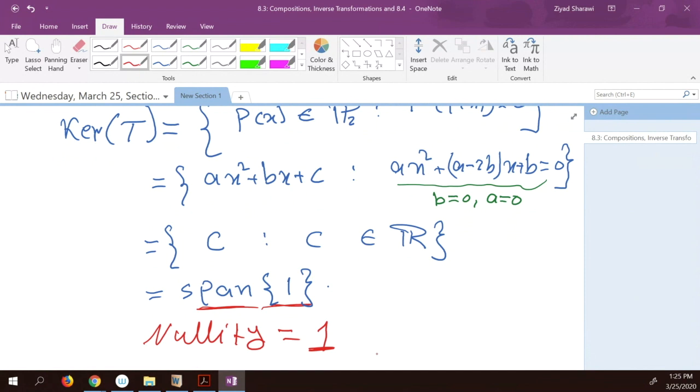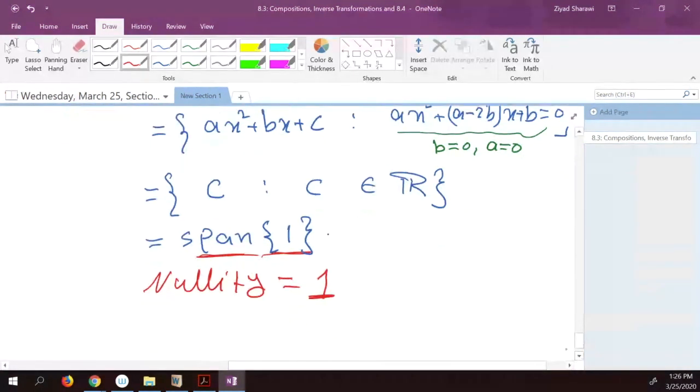So, you know, guys, in such a case, I can write a multiple choice question in which I write the kernel is 1, the kernel is the span of 1. So you need to know what is the correct answer. If I ask you about the kernel, it is the span of 1. What is the nullity? The nullity is 1. So you have the kernel in front of you.